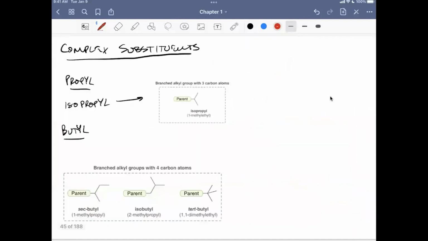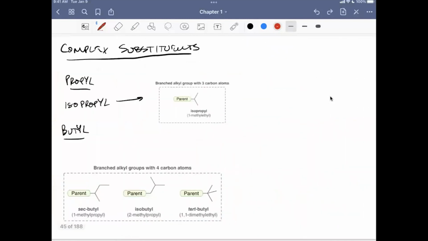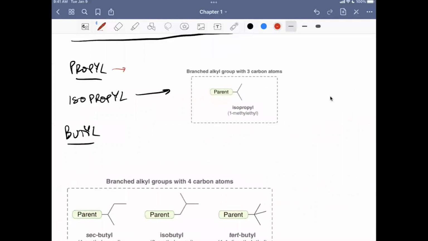So going on, there's a bit of complex substituents that you guys will have to learn. They're not too hard. There's about 4 right here that I listed, and again, the usual substituents are right here. But these are the ones that are common in nature, and your book will probably want you to learn as well. So this first one, we have propyl. Remember, propyl is a 3-carbon substituent.